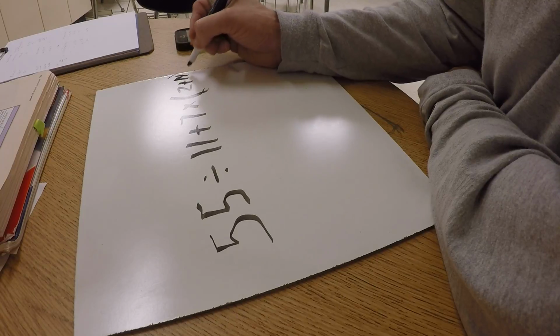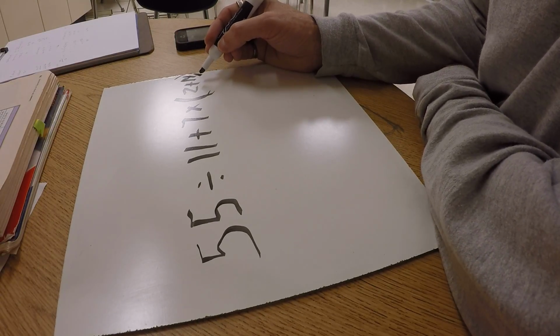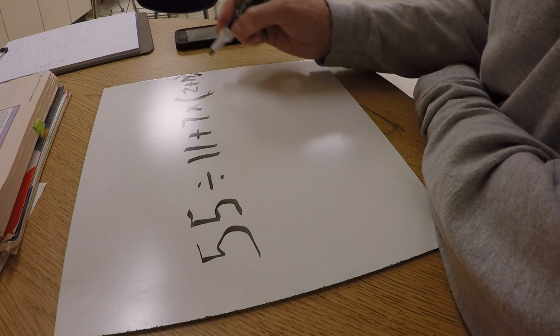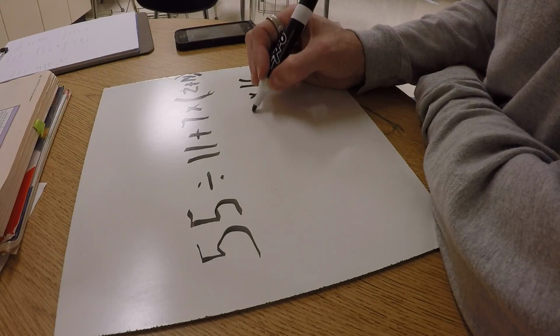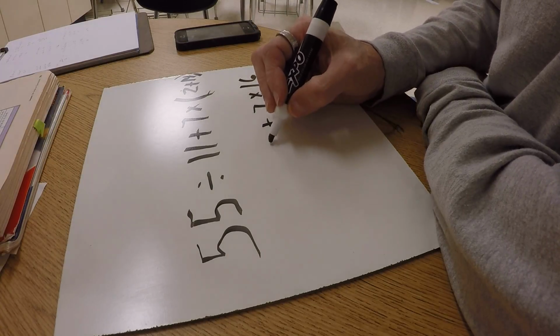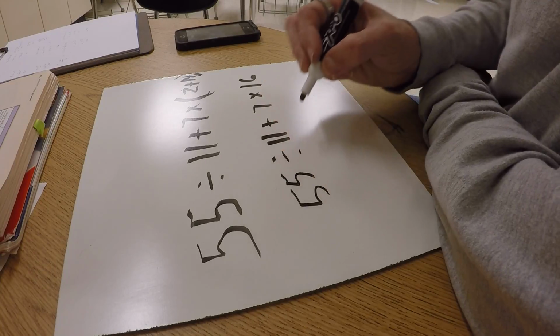And my writing's going to get small. So let's take care of the parentheses, 2 plus 14, 14, 15, 16. And let's rewrite the problem. 55 divided by 11 plus 7 times 16.